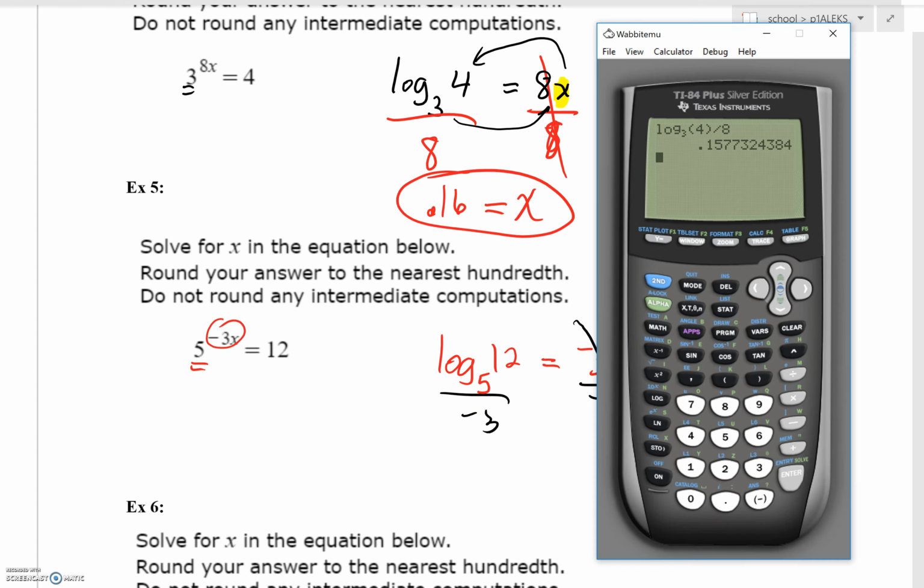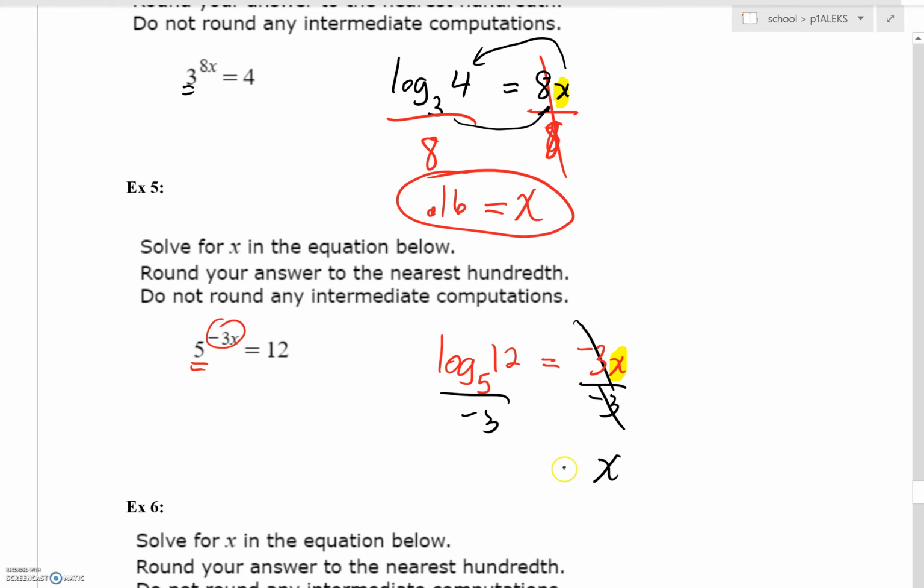So now it's just using the calculator here. I'm going to go to math, and do log base, and I'll do log base 5 of 12. The calculator can get us a decimal approximation, but I'm going to divide that by -3 just as well. And we will get -0.51.